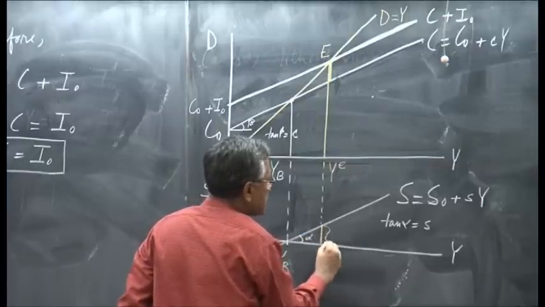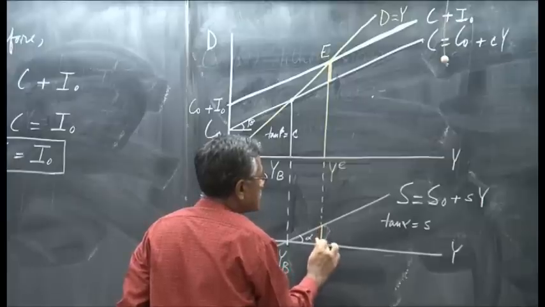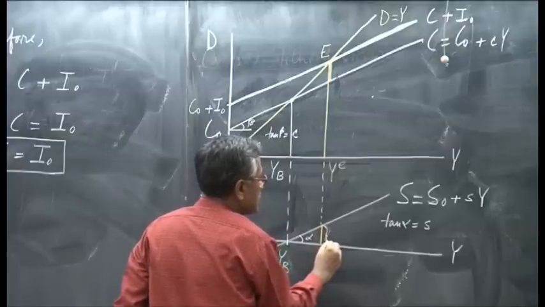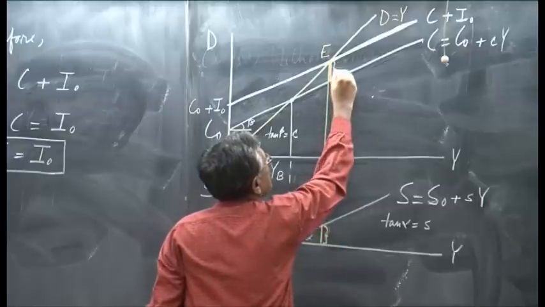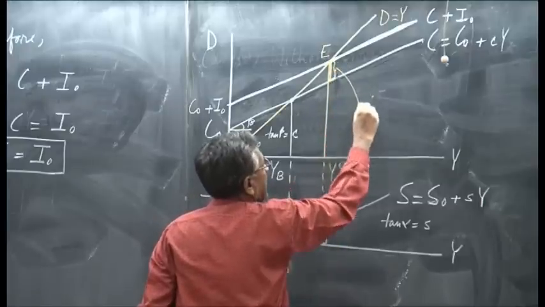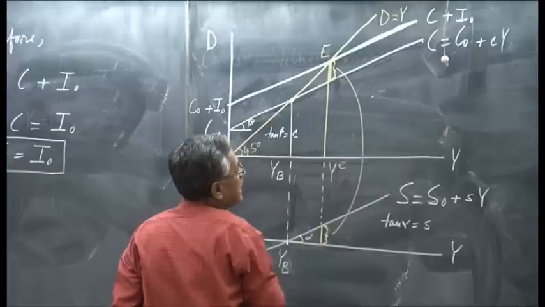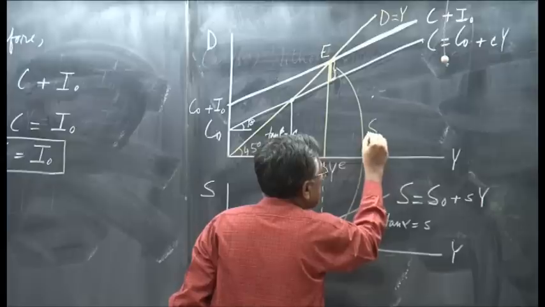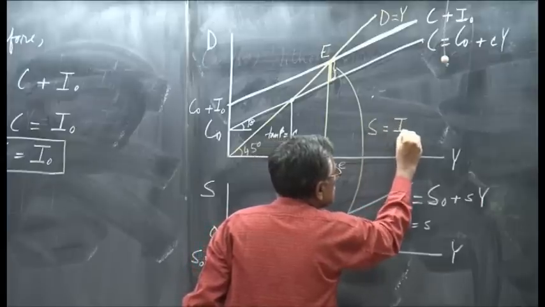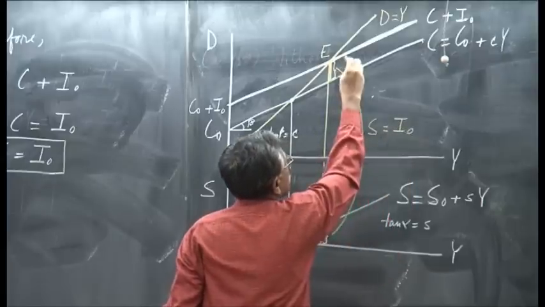So this part and this part, they should be equal. This is essentially S is equal to I naught. This is I naught.